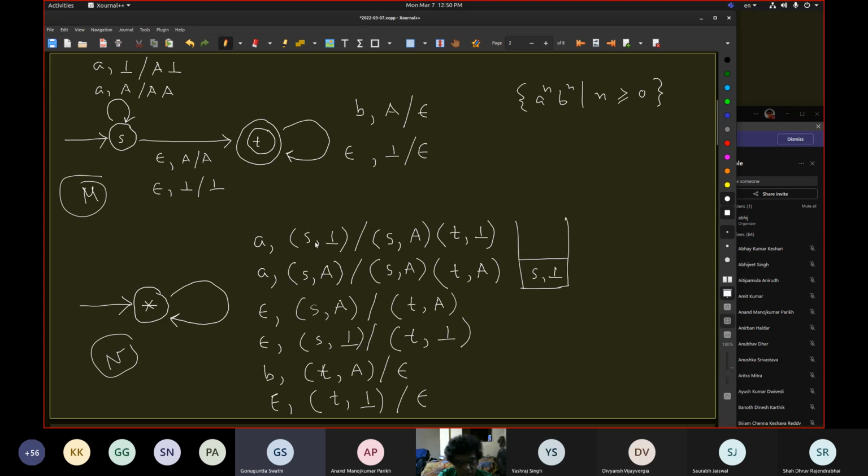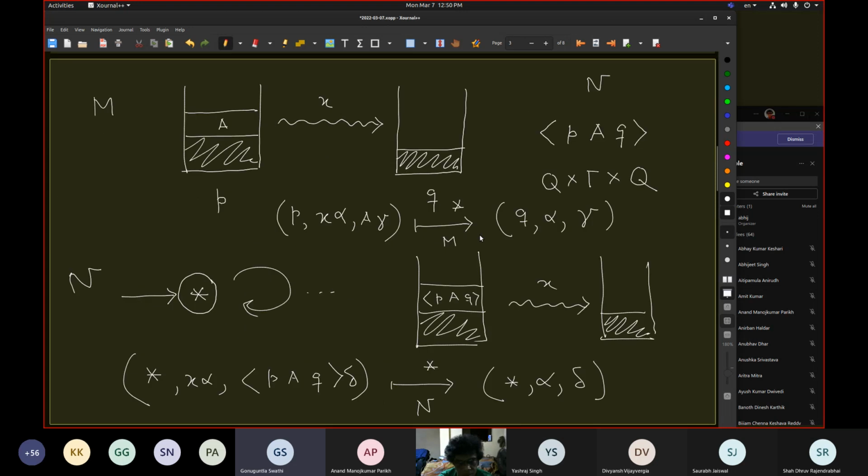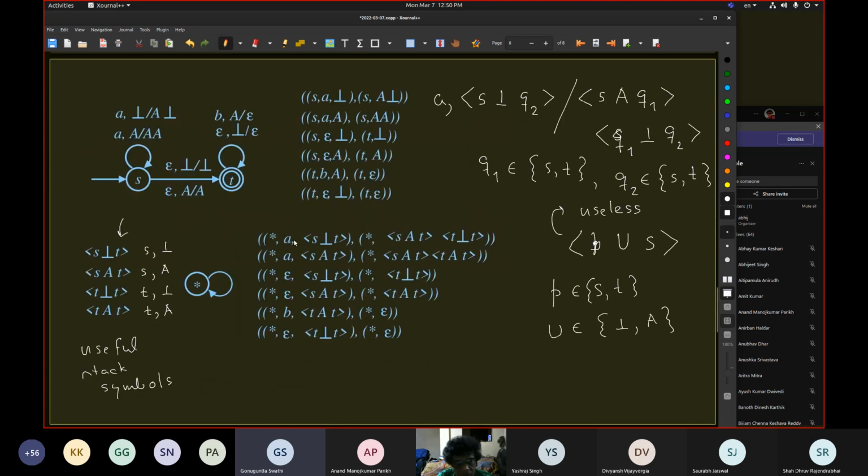So remember A, S bottom marker, SA, T bottom marker. So S bottom marker, A consumed, S comma A, T comma bottom marker. Actually this gives 4 guesses, but this is the only useful thing.